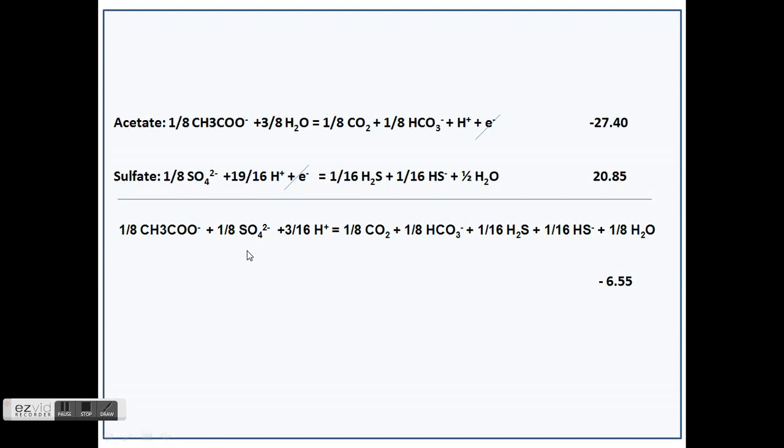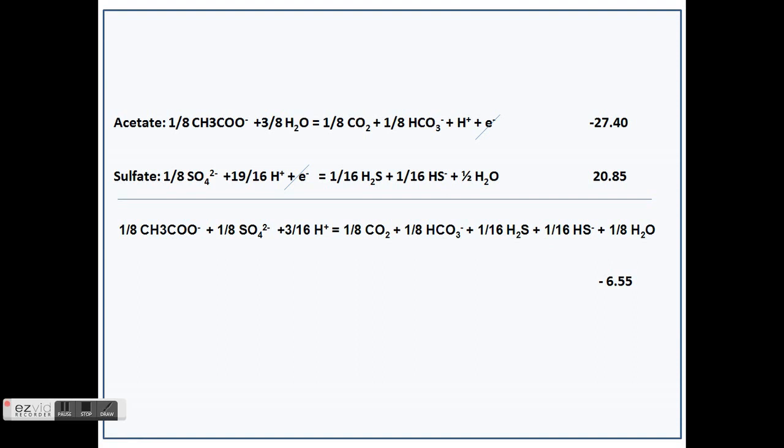Here we have 1 over 8 of negative charge, 1 over 8, and then we have 1 over 8 times 2, which is 1 over 4. And so the negative charge here would be 1 over 8 plus 1 over 4, which will be 3 over 8.